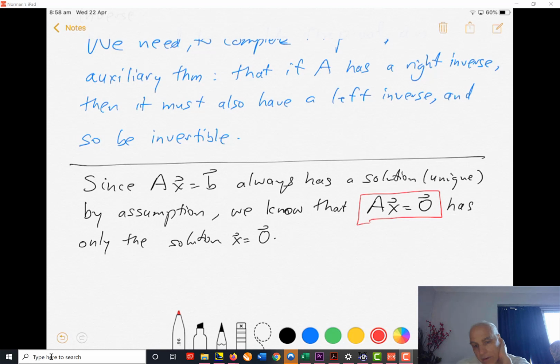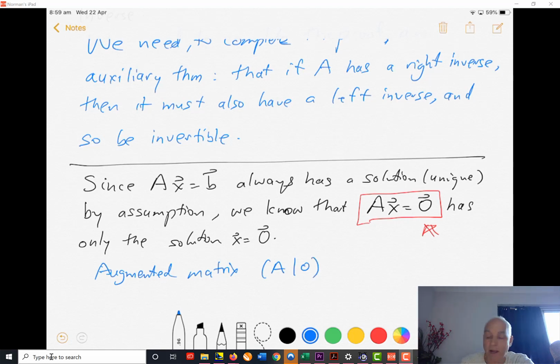And now let's think about what that tells us about the effect of a row reduction. Remember, if we started with this equation and we just wanted to apply our row reduction technology to it, what we would do is we would reduce both sides of an augmented matrix. Now, the augmented matrix for such a homogeneous system starts off with A on the left and the 0 vector on the right.